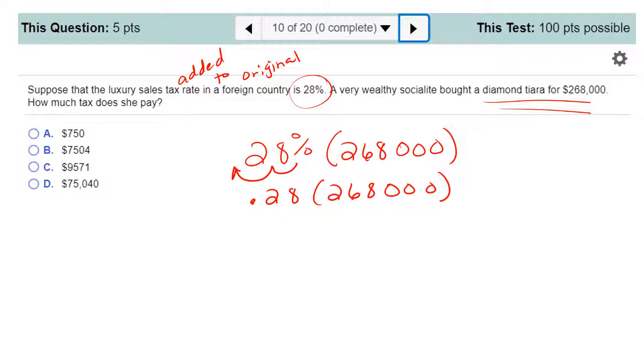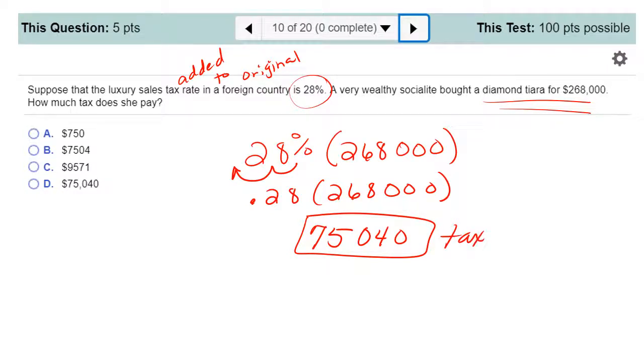So I'm putting 0.28 times 268,000, and that will give me $75,040. Now this is the tax amount because they wanted to know how much tax. They didn't want to know the total that she paid, because she really has to pay the cost of the tiara plus the tax, but this question only asks for the tax.